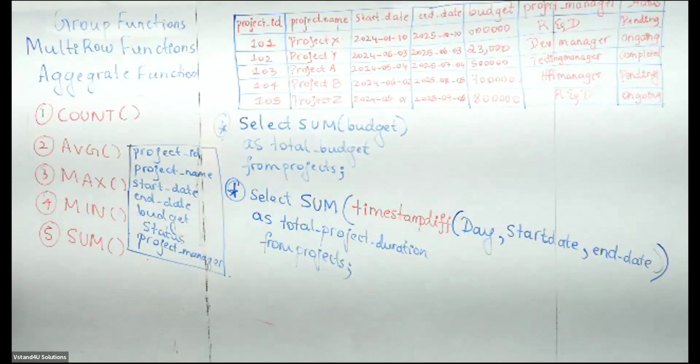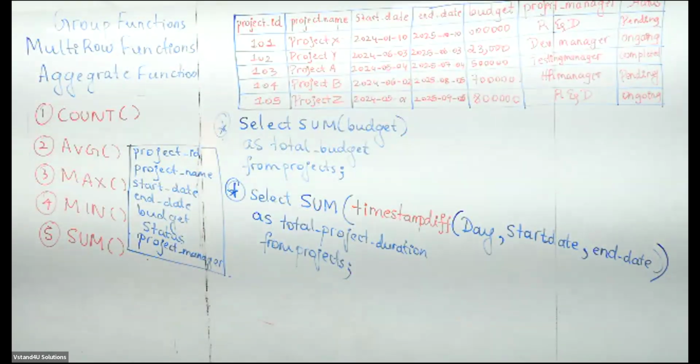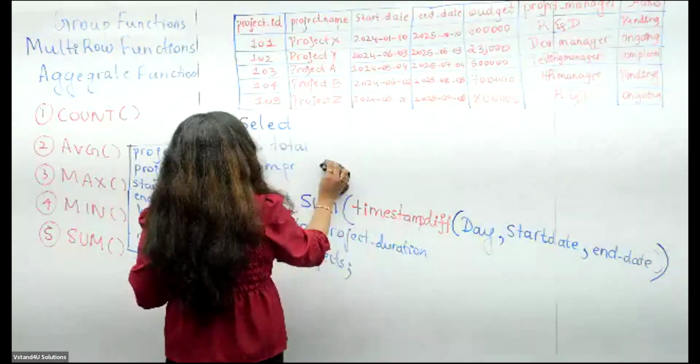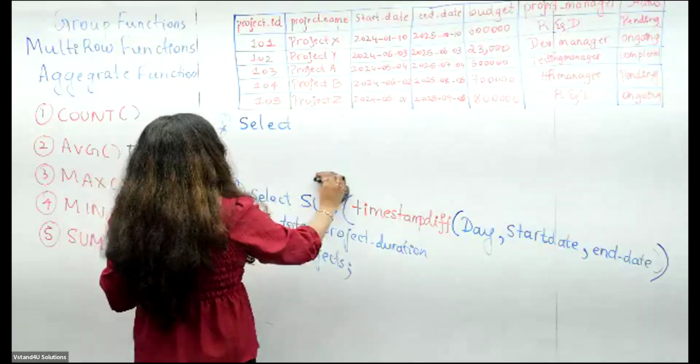How will you write the query? They are telling you to find the average budget. So how will you write it now?